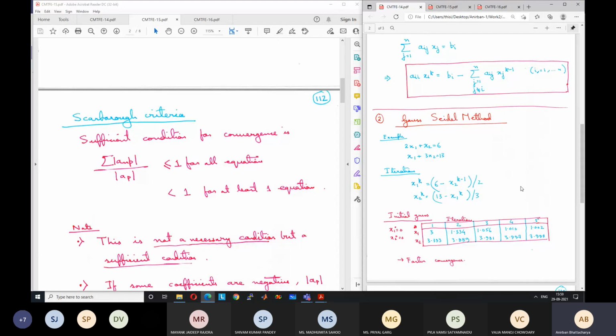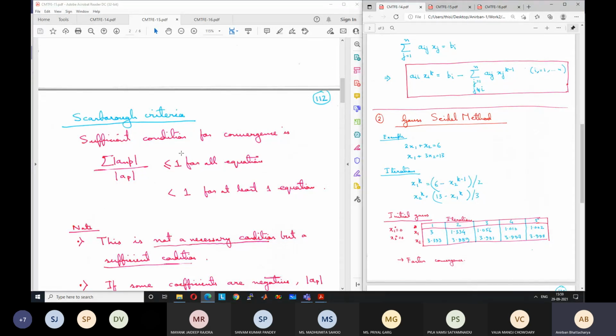What about the second equation? Sir, 1 by 3 by 1. Correct. So 1 by 3. So AP is 1 and summation A and B is 1 by 3. Means absolute value. So both the equations are satisfying the Scarborough criteria.